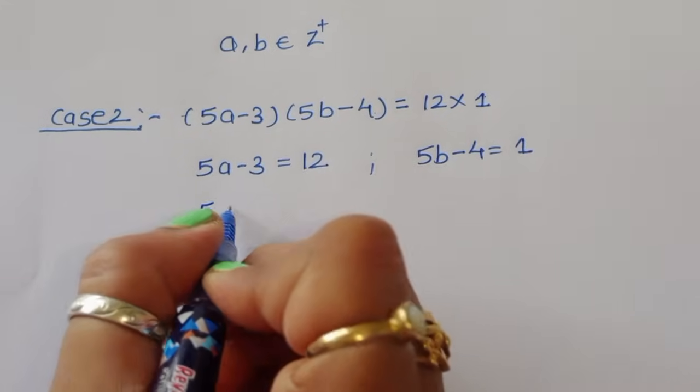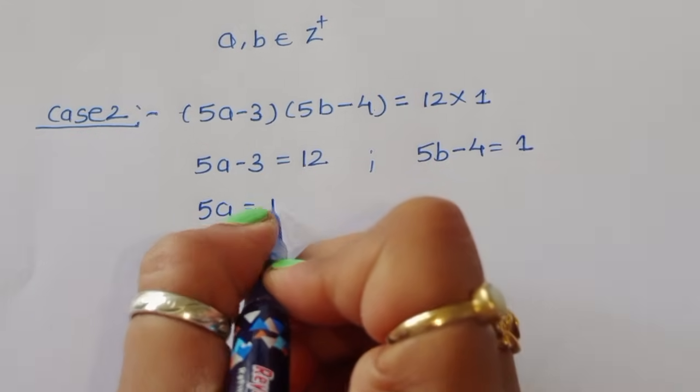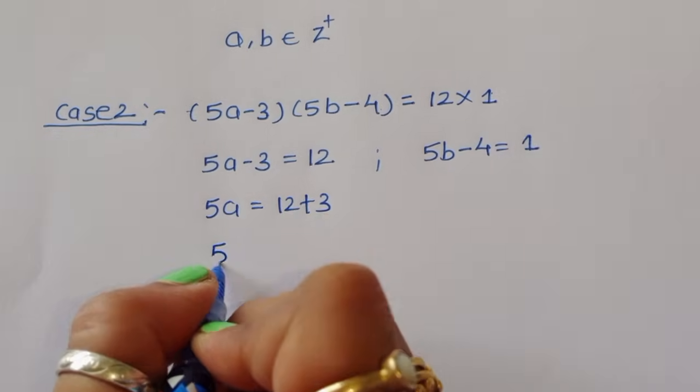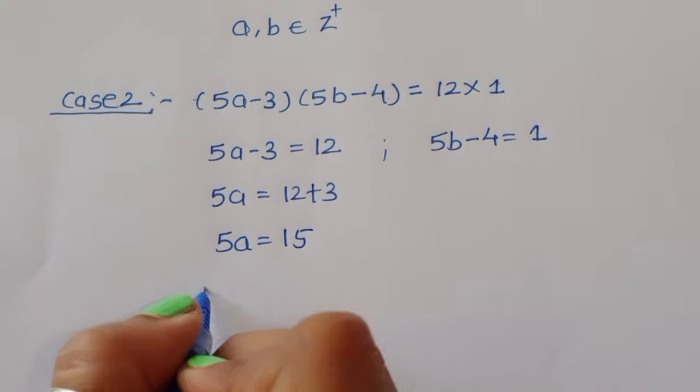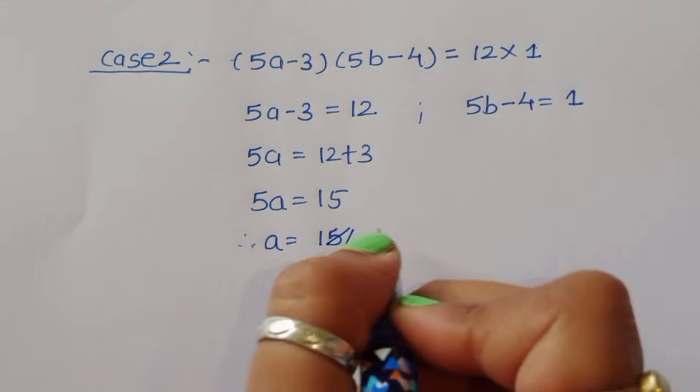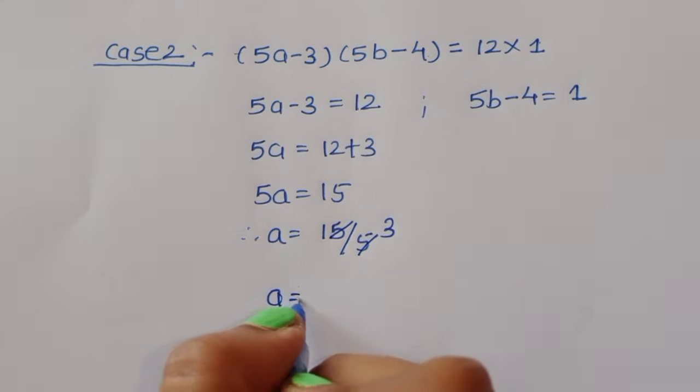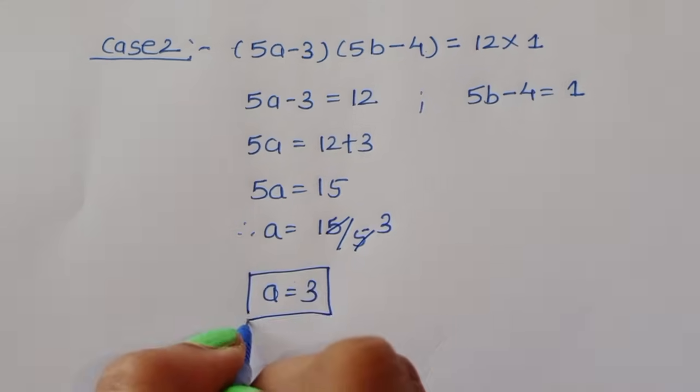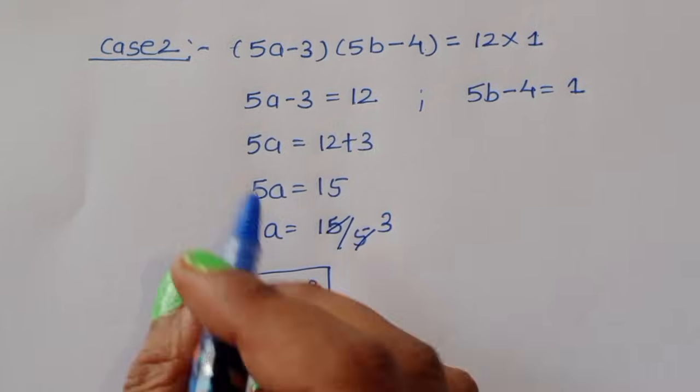Now 5a equal to 12 plus 3, 5a equal to 15. Therefore a equal to 15 by 5. 5 3s are 15. a equal to 3. This is the value of a from case 2.